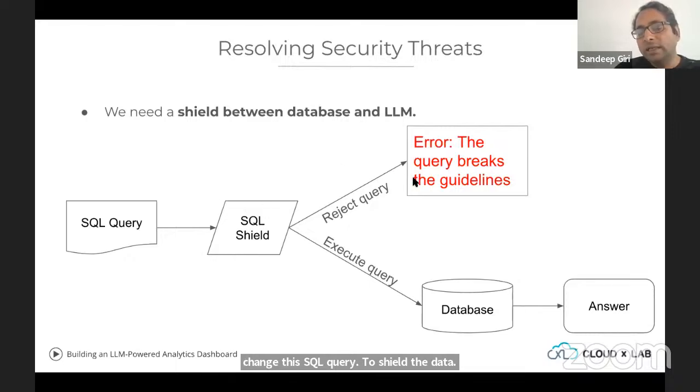So you can clearly say, only access this particular column, these particular rows, and these particular tables. Those rules you can write here, and any query generated by the LLM, SQL Shield will modify and give you a fresh new query, which is safe for your database.